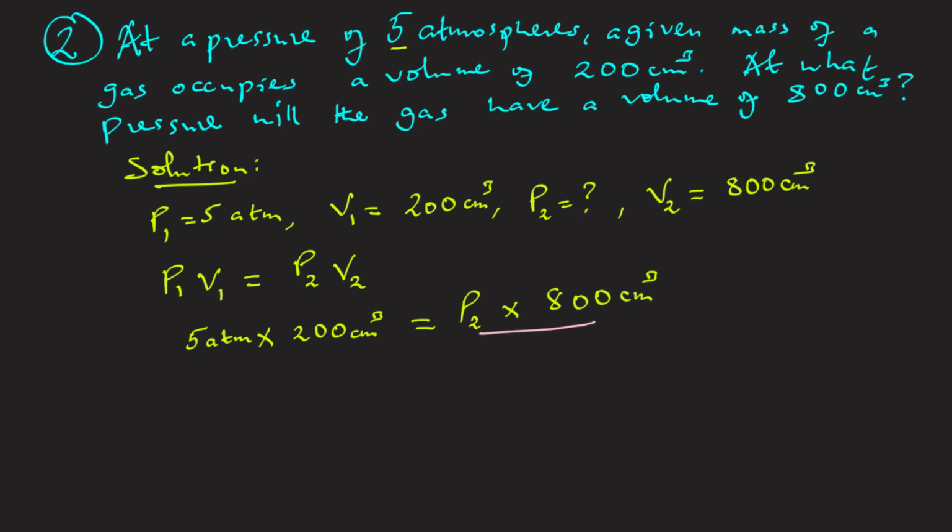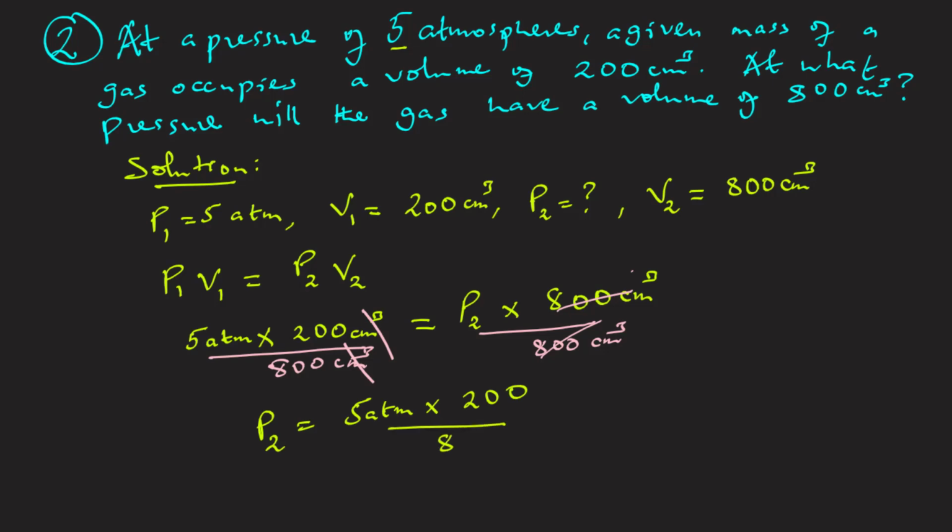Let's divide both sides by 800 cubic centimeters. So P2 equals 5 over 4. Using a calculator, you should obtain 1.25 atmospheres.